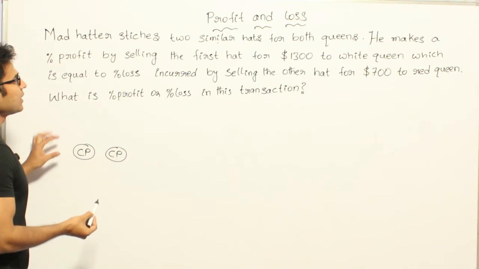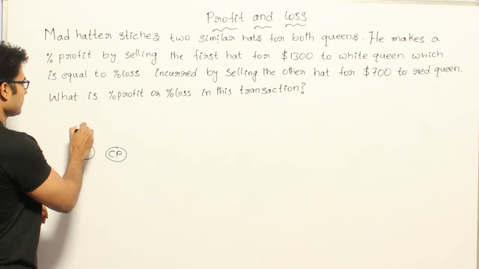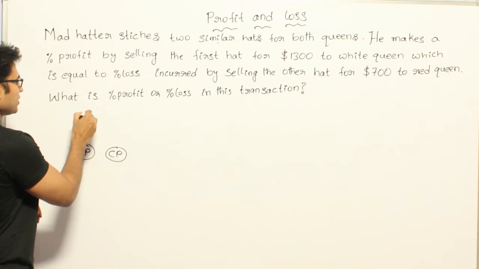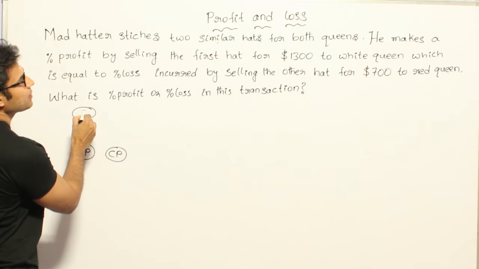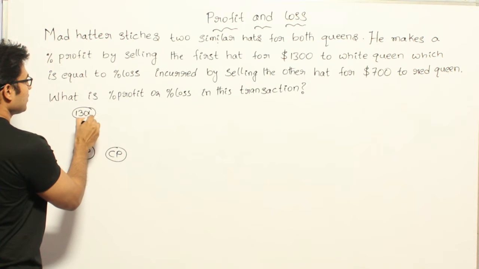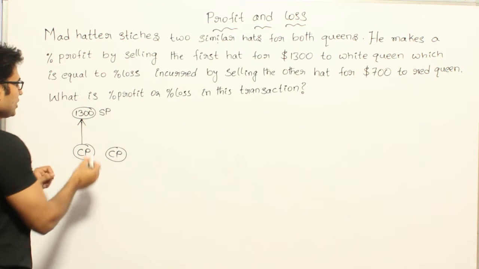Let's assume CP. He is selling one hat to the White Queen at a price of $1300. If that is the selling price, then he made a profit.